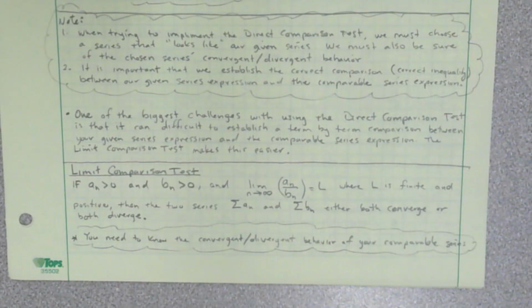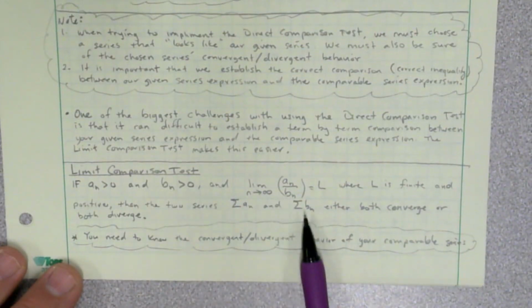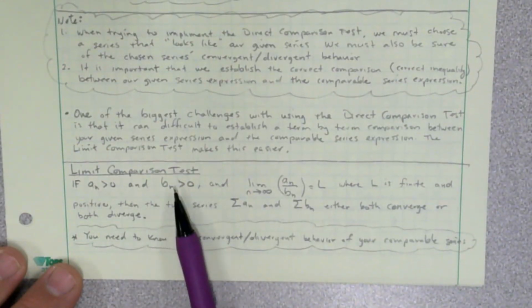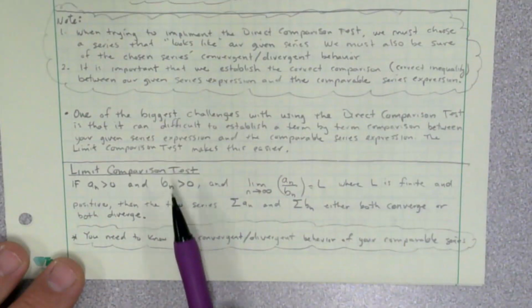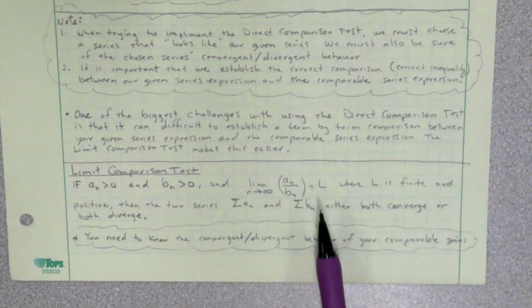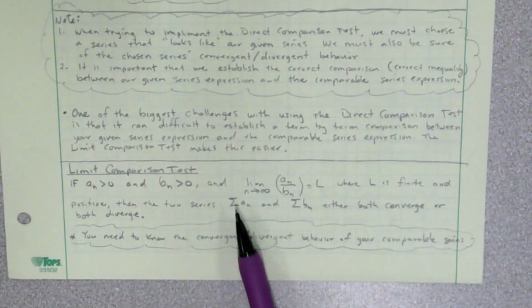You need to know the convergent or divergent behavior of your comparable series. So let's say this is my original one and this is my comparing one. If I know this one converges, then since either they both converge or both diverge, so does this one, or vice versa.